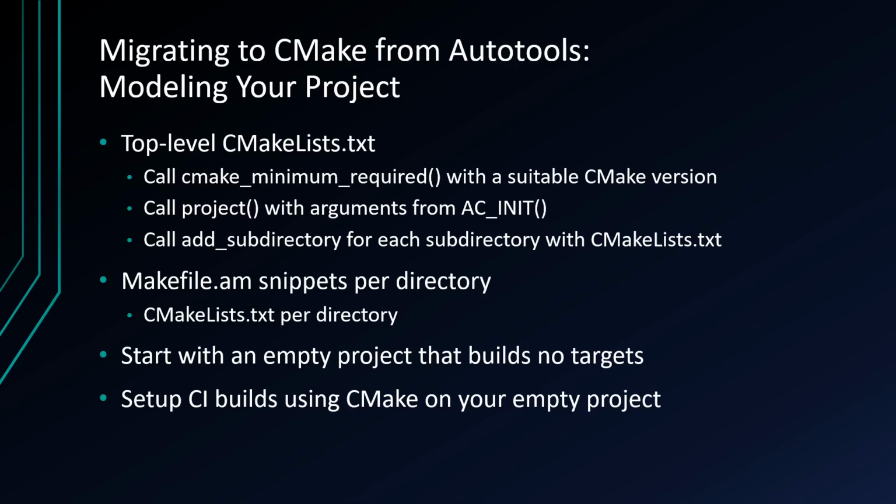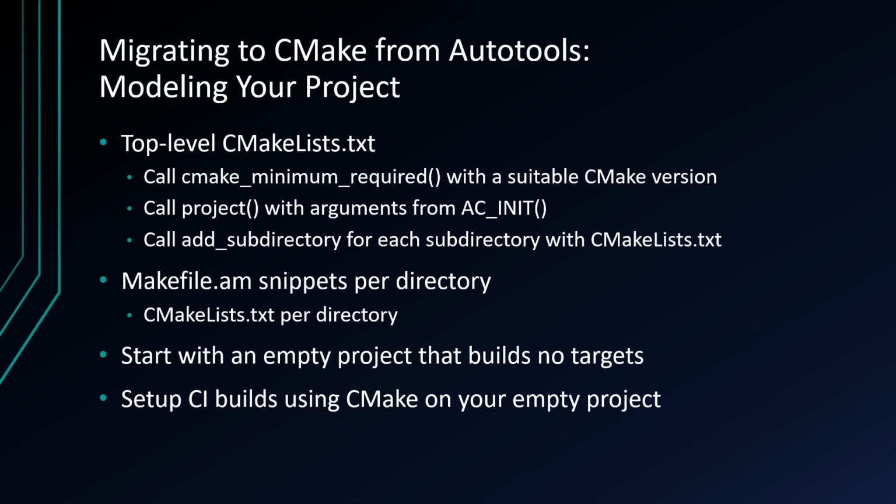And as I mentioned, you're going to want to create a model of your project using commands in CMake. Your top level CMakeLists has to have at least two things. It needs to say what's the minimum version of CMake that is compatible with all the CMake code that you've written. So that's a call to the function cmake_minimum_required.